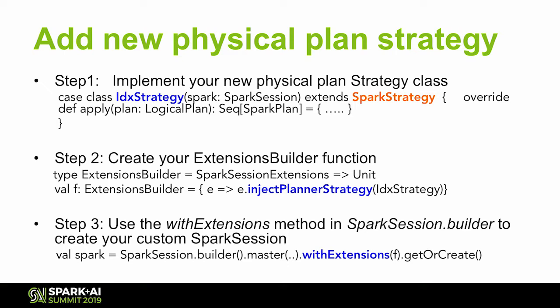So your index strategy extends Spark strategy, and then it takes a logical plan and it will return a sequence of Spark plan. So you would create your extensions builder function. You would call the inject planner strategy, and then you would call the with extensions method to pass this customization to Spark.